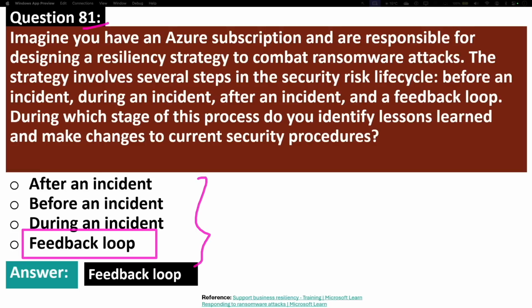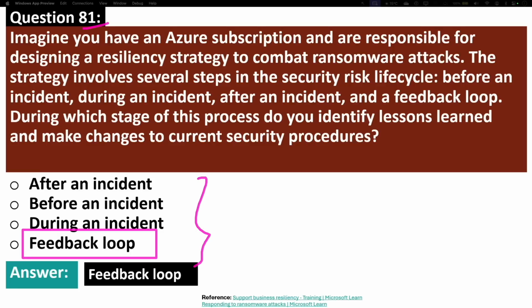The security risk feedback loop is a crucial component of the security risk lifecycle process. It is the step where organizations review and analyze incidents that have occurred to identify lessons learned. This analysis leads to changes and improvements in existing security processes to prevent similar incidents in the future.